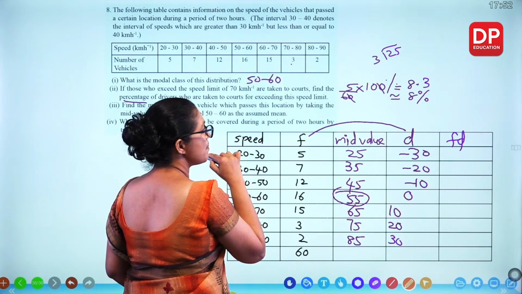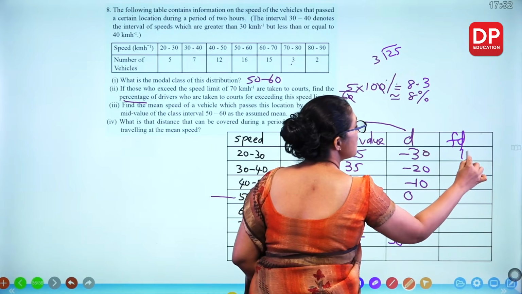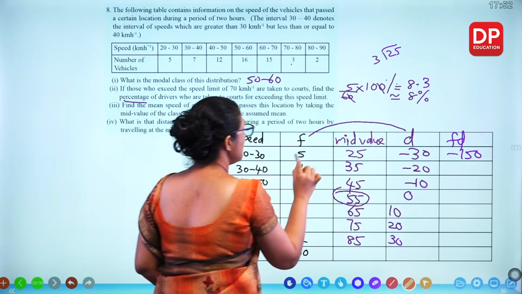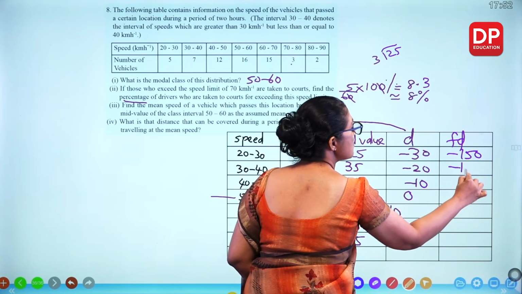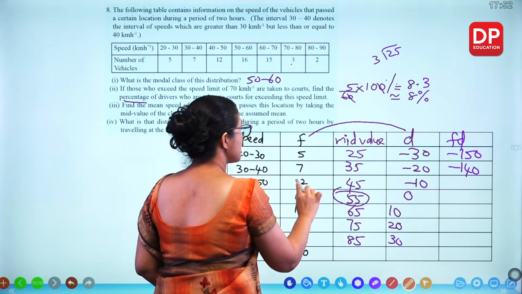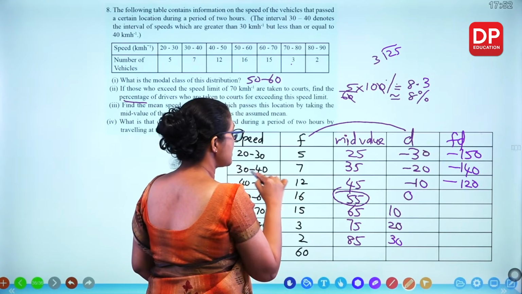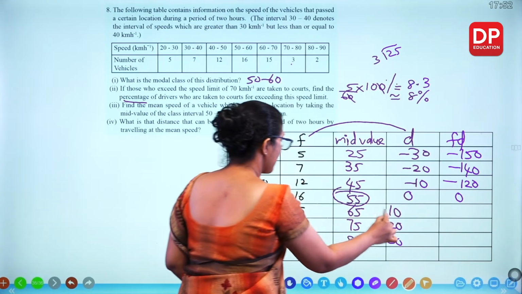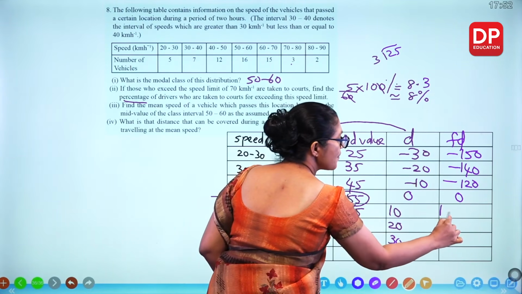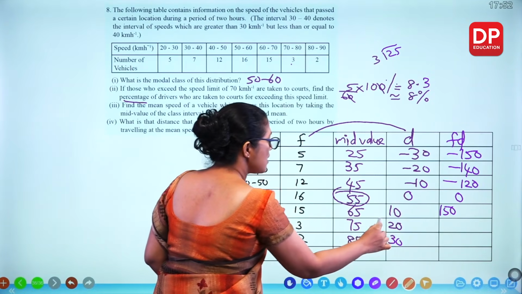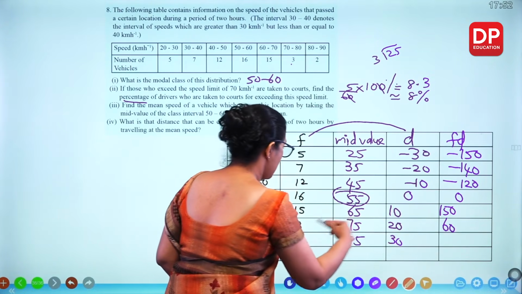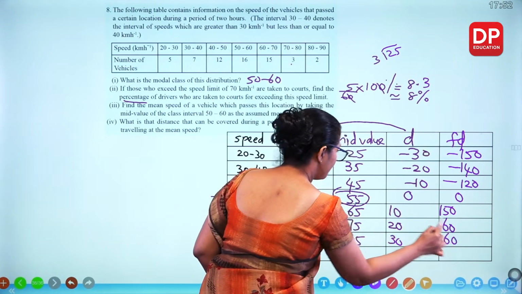Now calculate F and D. These two multiply. 5 times 3, 150, that's negative. 7 times this, minus 140, that's negative. 12 times 10, 120, that's negative. This is 0 and positive values here. 150, 60 and 60.